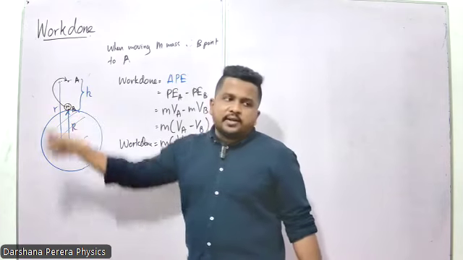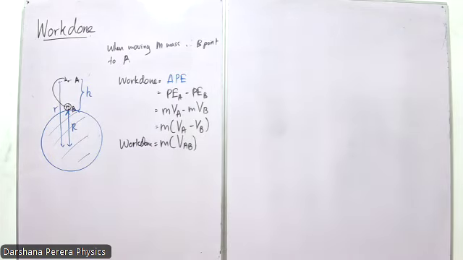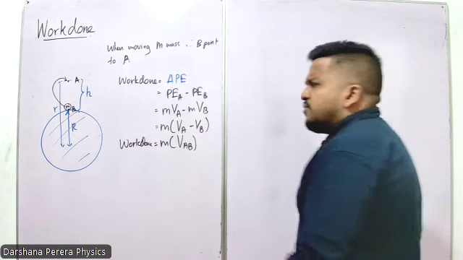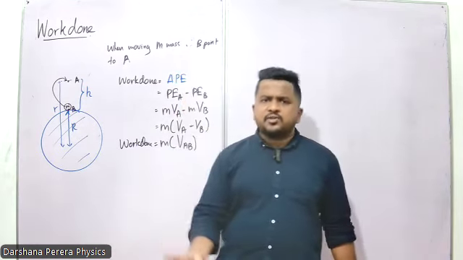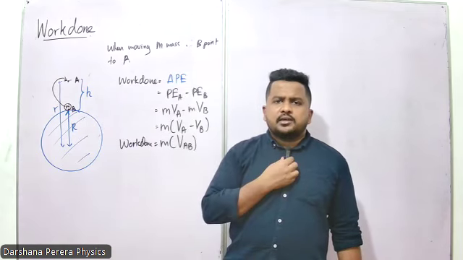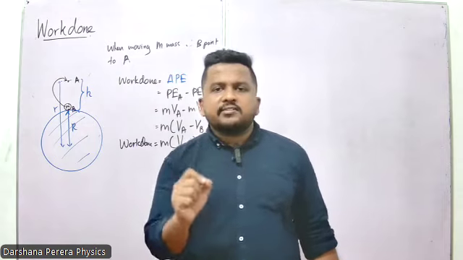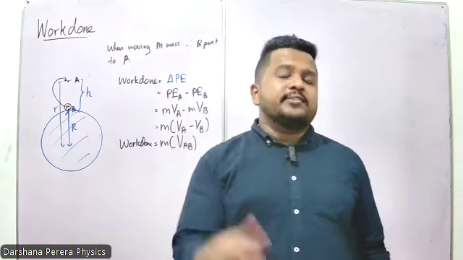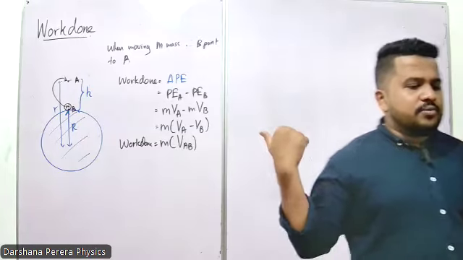Therefore, the work done equals the potential energy gain. But in mechanics, the increase of potential energy equals mgh. So let's see, is that correct or not? Okay. Before that, write out this one.